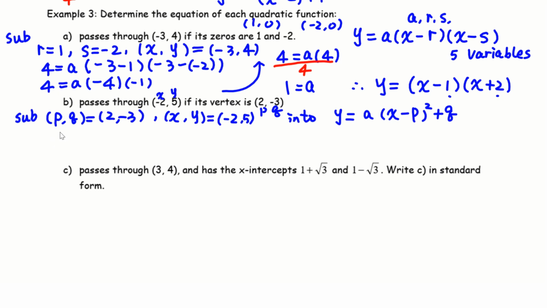So y is 5 equals a, which is unknown, times (x minus 2) squared, where x is -2, so minus p is 2, plus q is -3. Then we move the -3 to the other side, it becomes +3, giving 8.